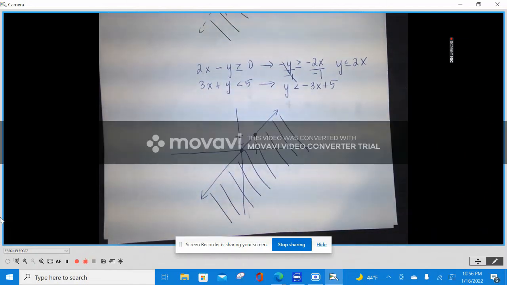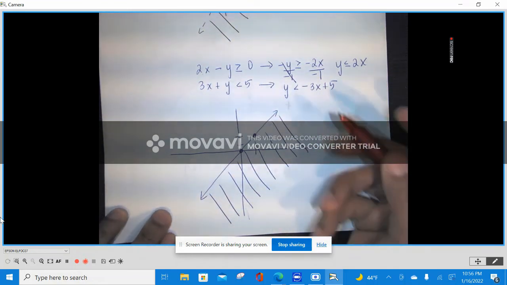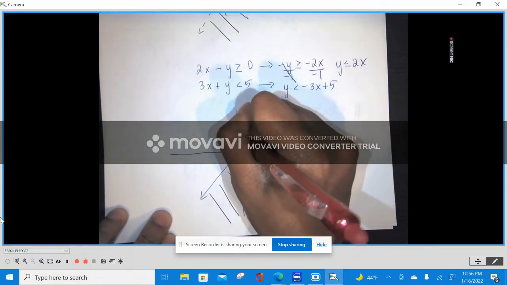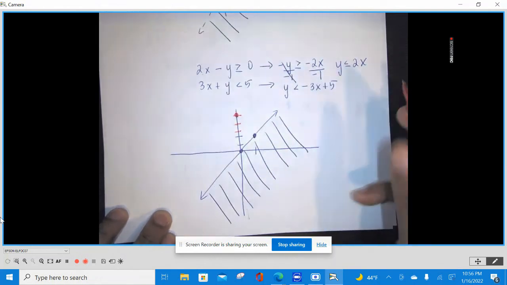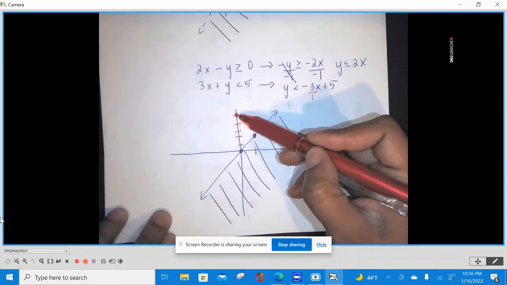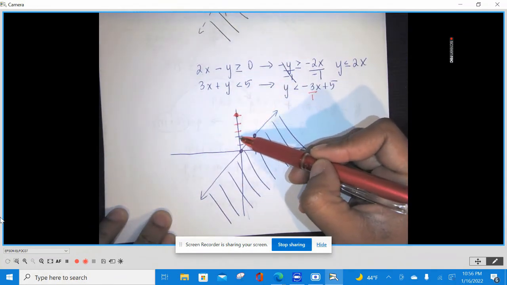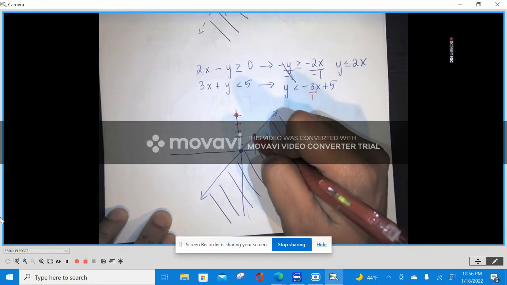And then on the other one, I'm going to get another color. And this one, the y-intercept is at 5. So 1, 2, 3, 4, 5. And then I'm going to go down 3, 1 to the right. So from here, let's go 1, 2, 3, 1 to the right, which would be again an open circle.